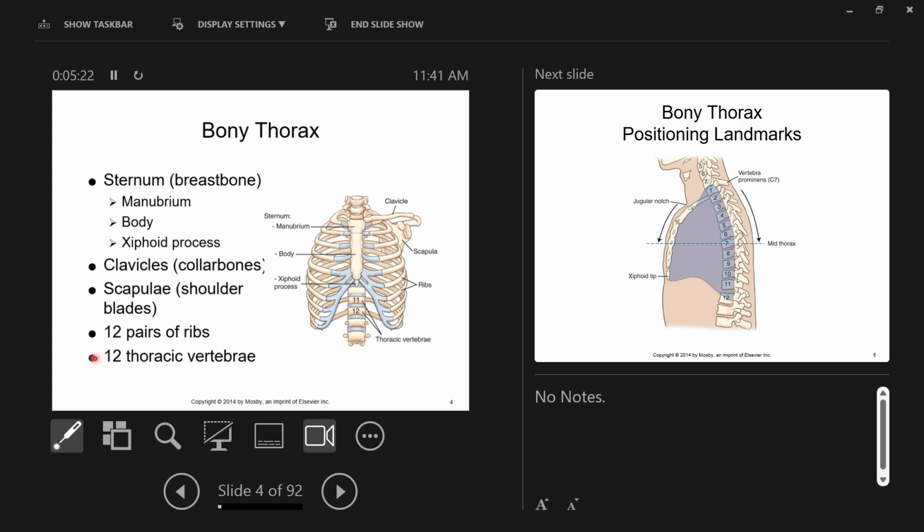The only bony attachment for ribs is posteriorly. In the front, your ribs attach to your sternum, but not bone to bone. It's bone, cartilage, then more bone. In the back is where you have your bony attachments, ribs attached posteriorly to your vertebrae. 2 ribs for each vertebra.